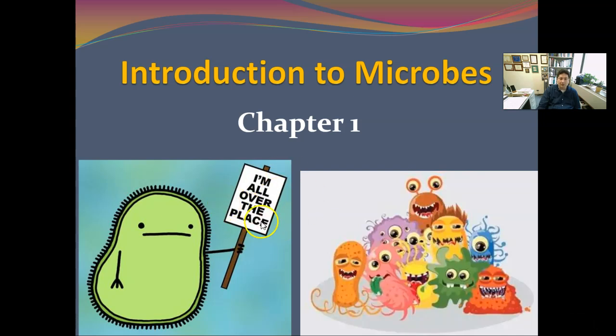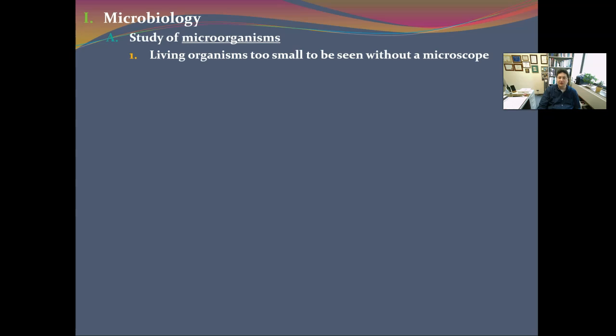Microbes are indeed all over the place. All right, so what we are studying is microbiology this summer. Microbiology is the study of microorganisms, which are living organisms, but those that are too small to be seen without the aid of a microscope.